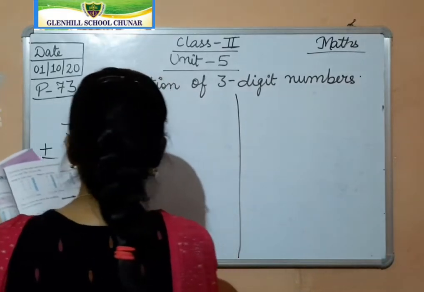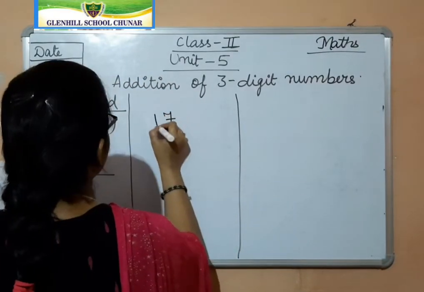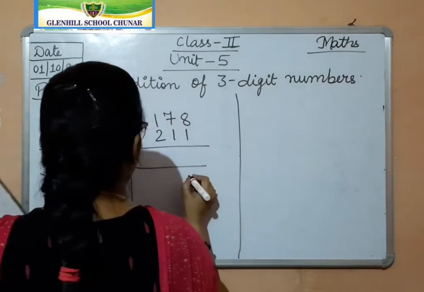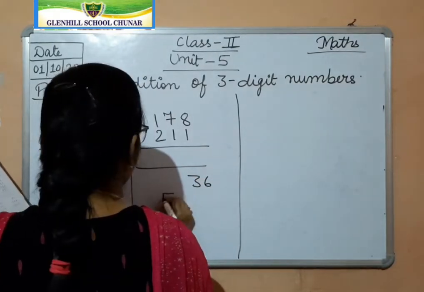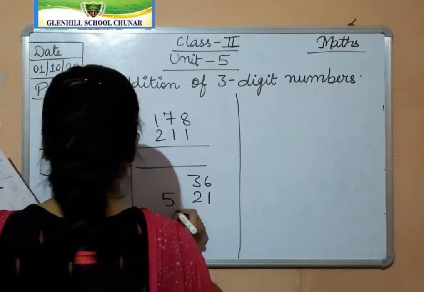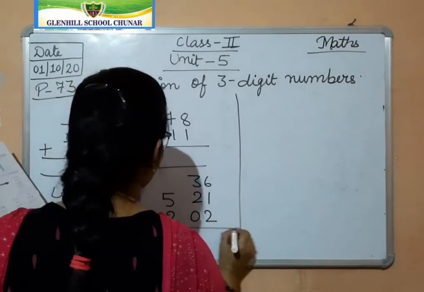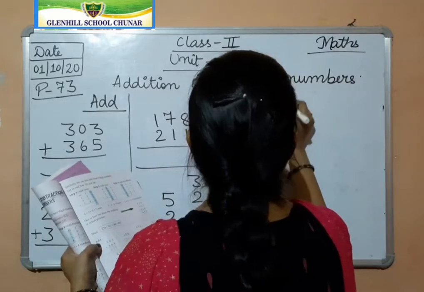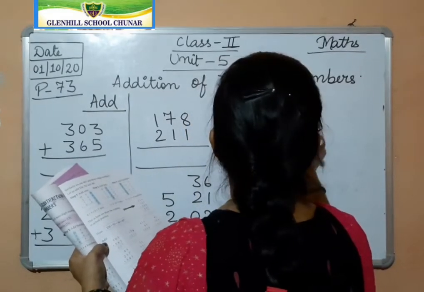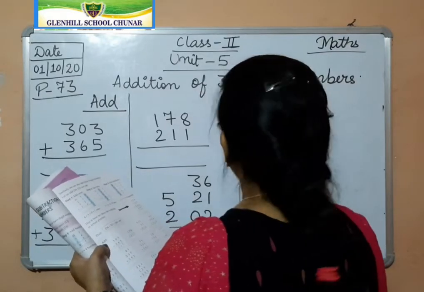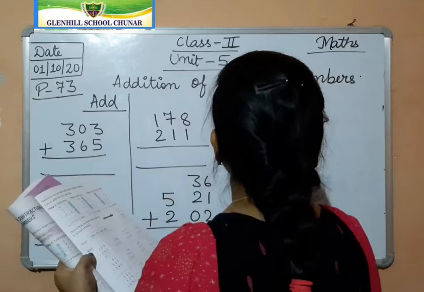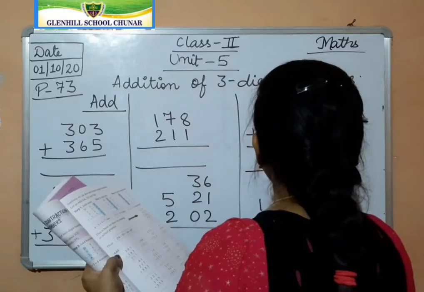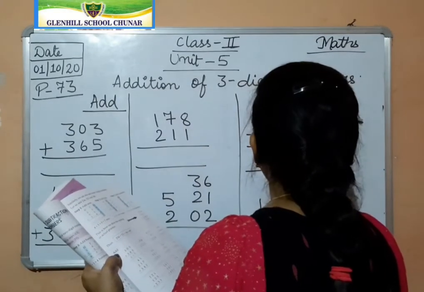Okay student, then the next ones, 3 6 5, 2 1 2 0 2, okay, plus, then 4 3 0 4 3 3 1 4, okay, plus, then 2 4 1 5 4 3 1 0, okay.